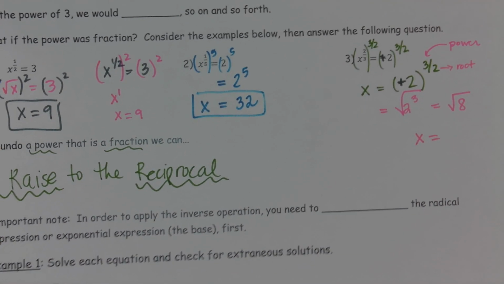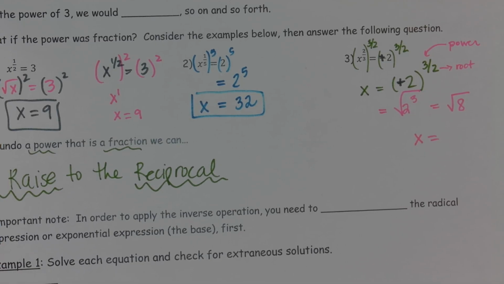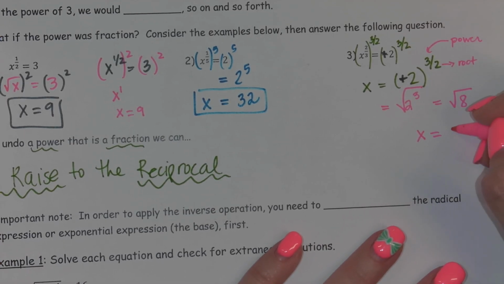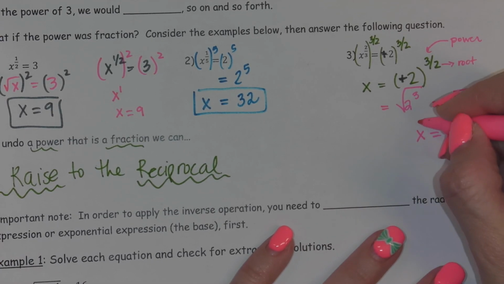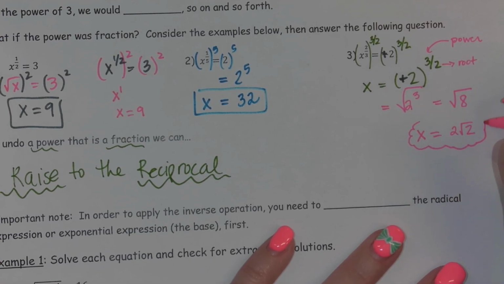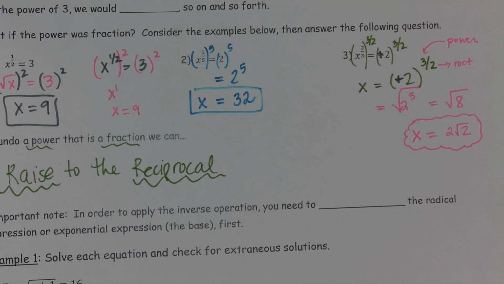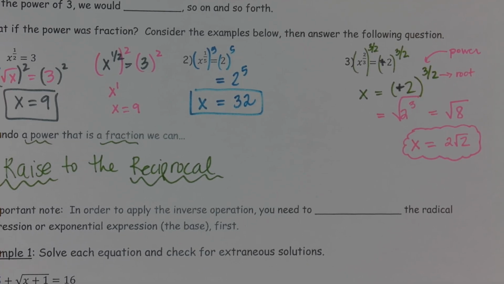Okay, and remember how we're simplifying radicals? If there's a perfect square in that, you take it out. Okay, so 8 is going to be 4 times 2, so 2√2. Okay, and you don't have to do plus or minus here because you aren't doing the solving.